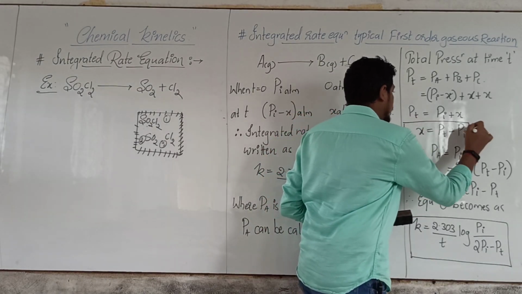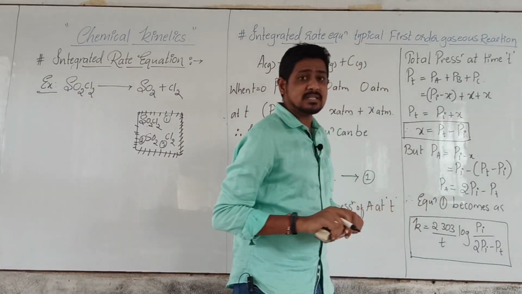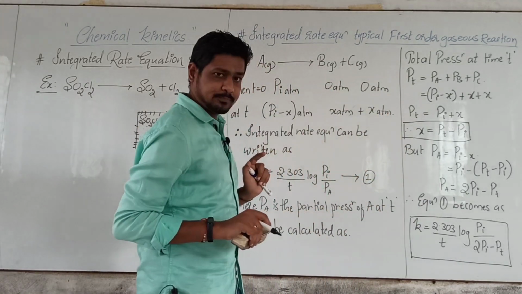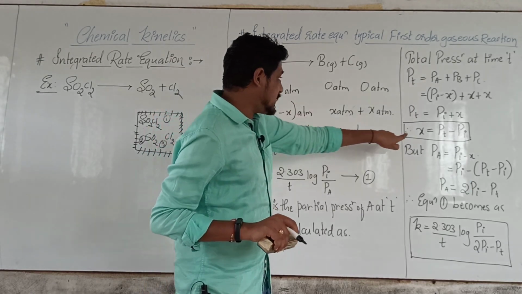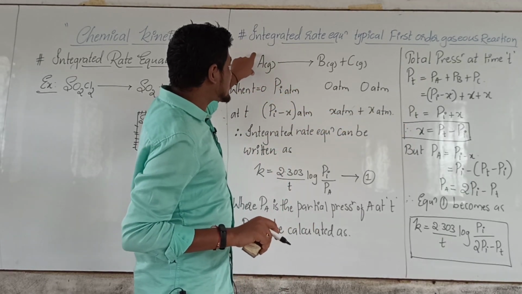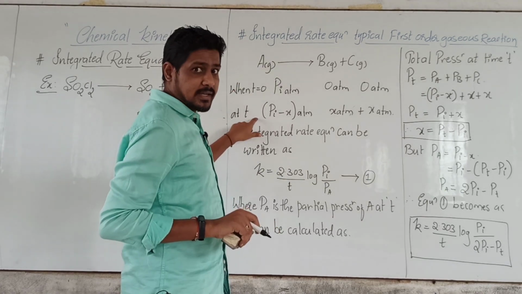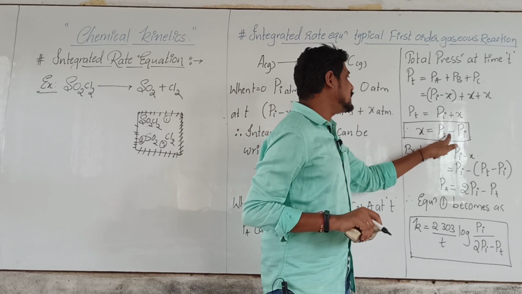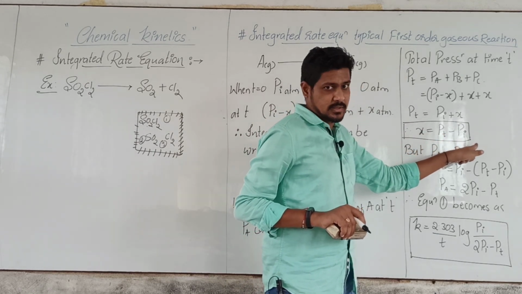Now what is the meaning of X? The value of X means how much amount of A has been consumed at a time T. Okay, students, so X is equal to P total minus initial pressure.